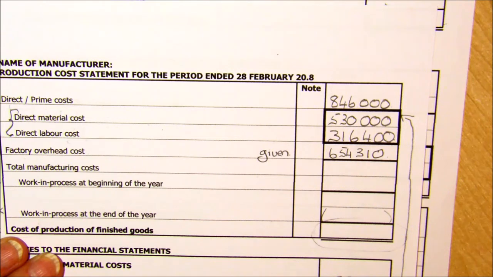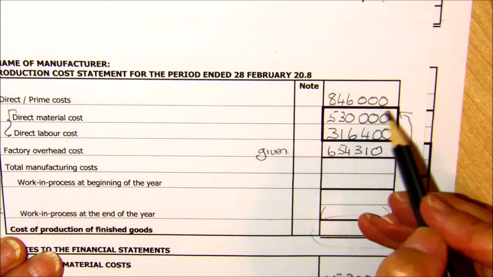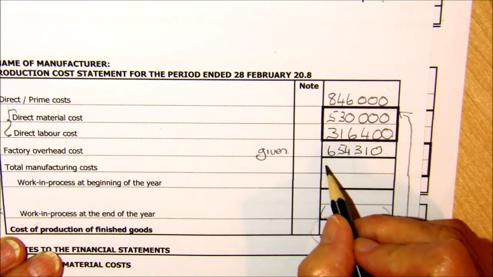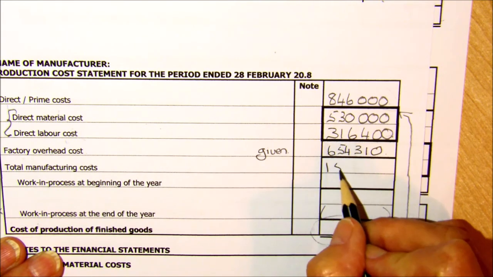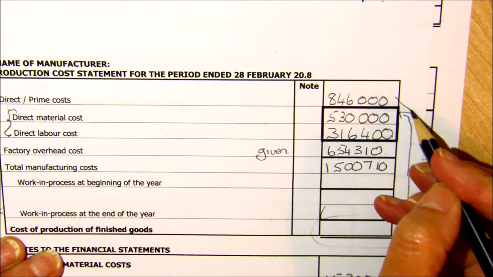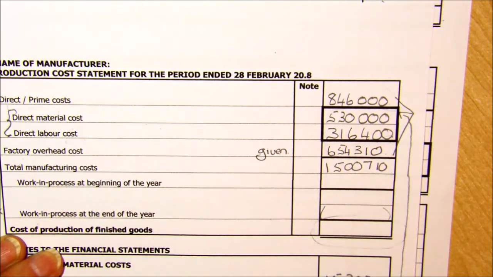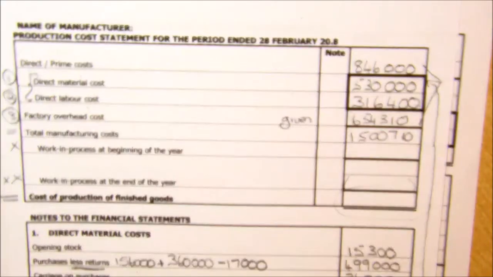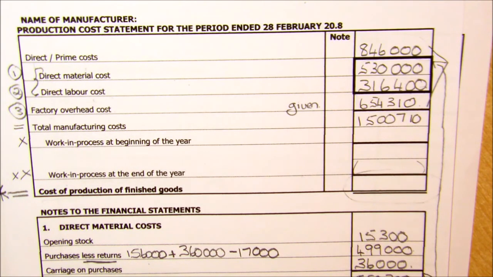We've added those two up there to get the prime cost, we've got our factory overheads, and so our total costs for this year, if we add up, is 1,500,710, taking the prime cost and your factory overhead costs. Right, that's the first half of the production cost statement, so I'm going to stop there, and in the next video I'm going to do the work in progress with you.